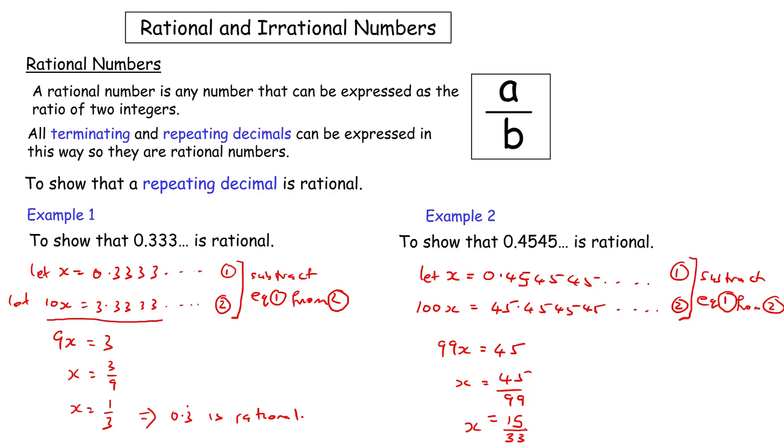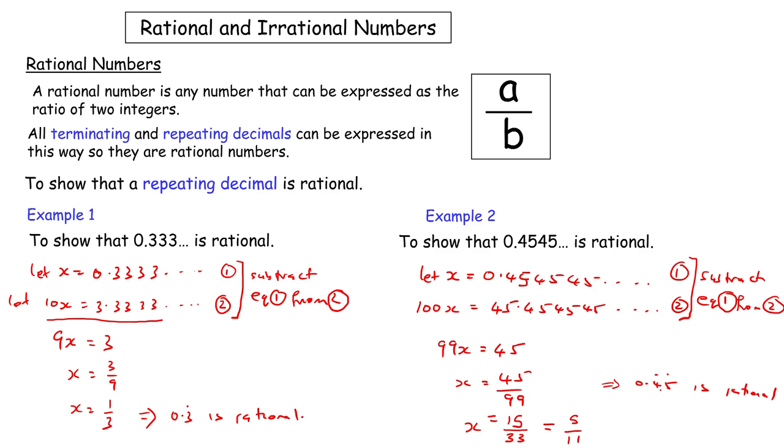And you just think that 3 goes again. So that's going to be equal to, if I divide by 3 again, 3 goes into 15 5 times, and into 33 11 times. So x equals 5 over 11. That means 0.45 recurring is rational, because I can express it as a fraction.